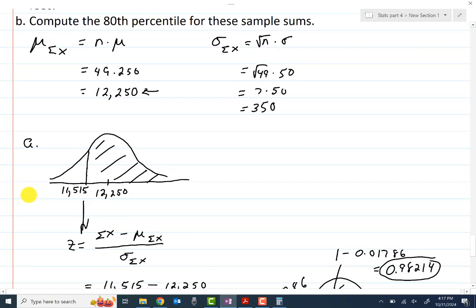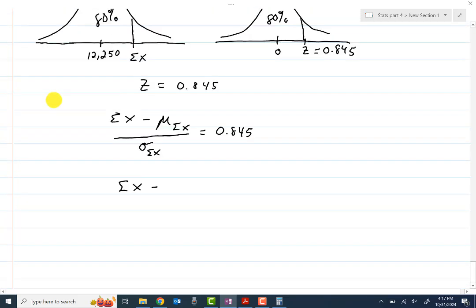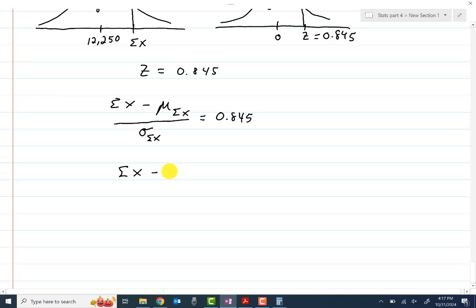Go back up here. Of course, 12,250. I didn't need to go up there. All I had to do was really look here to get that. Sigma, though, is a little bit different. That's 350. Put 845 over 1.